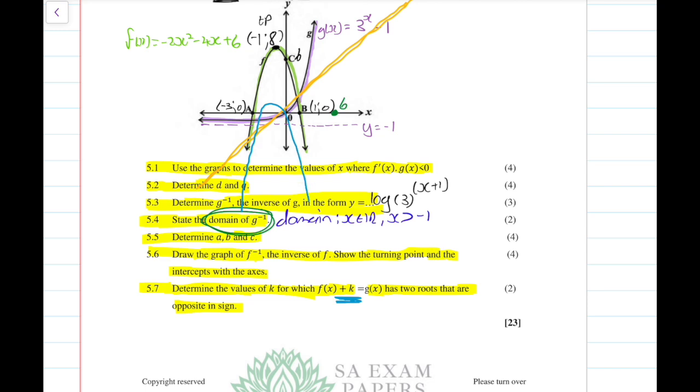That's not what we want, because then we have a 0 root and a negative root. So I can shift my graph pretty much anywhere between 0 units down and 6 units down.